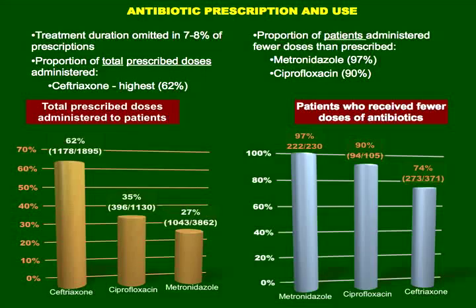Moving on to assessing the completion rate of prescribed antibiotics, we observed that 97% of patients on metronidazole and 90% on ciprofloxacin were not able to complete their prescribed antibiotic therapy.